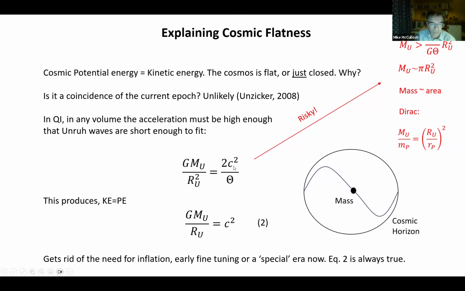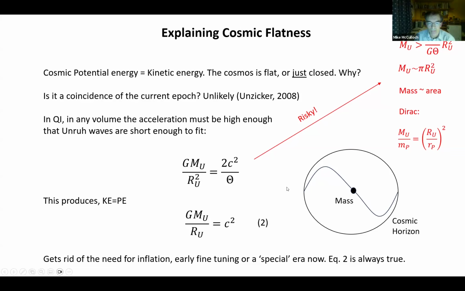This must produce an acceleration of at least this size, where this is the 2 times 10 to the minus 10 value. And then the cosmic diameter is just 2 times the cosmic radius, which is shown here. So what you get is that the potential energy, GM over R, is equal to the kinetic energy, which is c squared. You may not recognize this, but there should be an m on this side and an m on this side, but they cancel out.